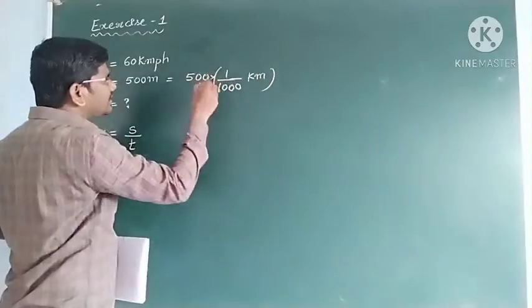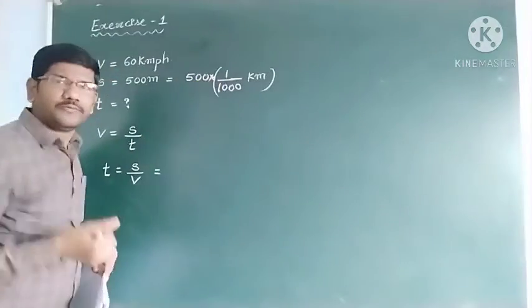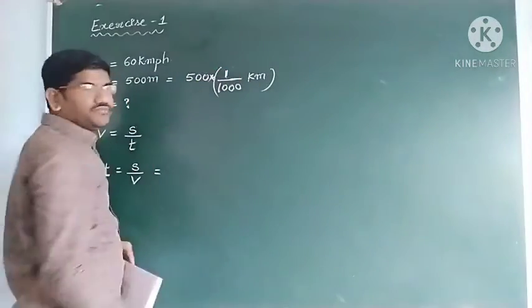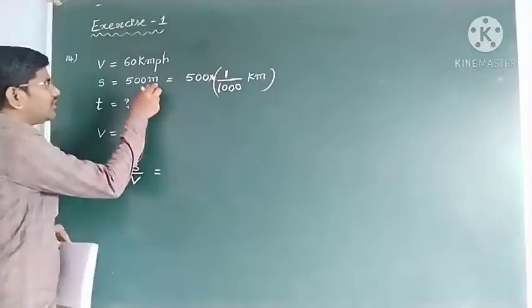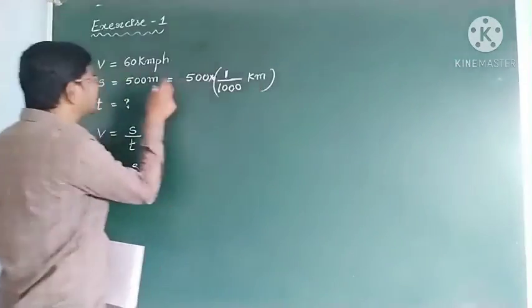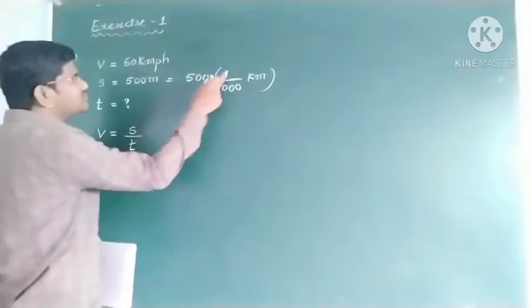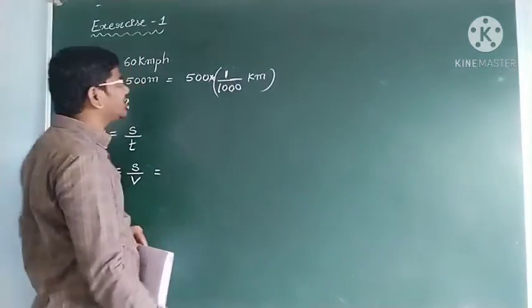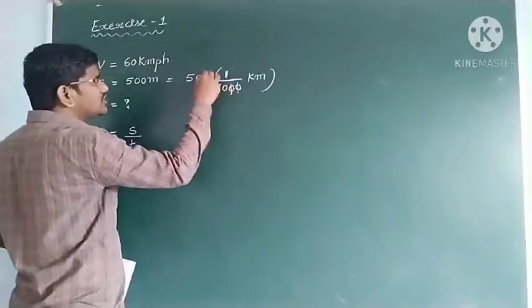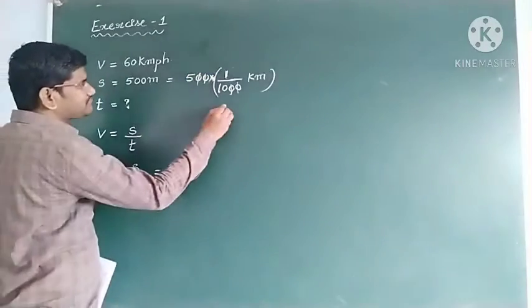And see students, there is a small hint for you. This is meters and this is kilometers. If we have a doubt, when you are converting the smaller unit to bigger unit, 1 meter means 1/1000 of the kilometer you can write. So 500 into 1/1000, 2 zeros get cancelled.